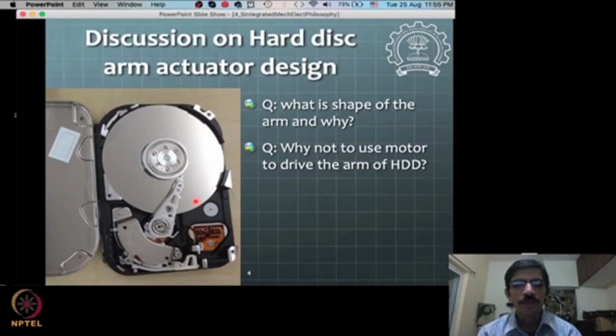If you think carefully, this is a circular motion for the arm, and it is a very fast motion, so one probably may not be able to ignore the centrifugal acceleration forces. So the forces coming on the root of the arm, because this is a mass which has a tendency to be thrown out by the acceleration of omega square r.